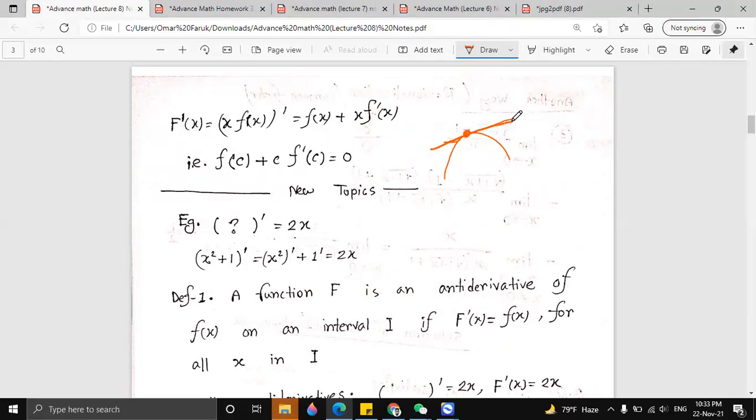For example, this is our function. If I tell you to find the slope here, you just make a tangent line at this point and you get the slope. Slope means m.